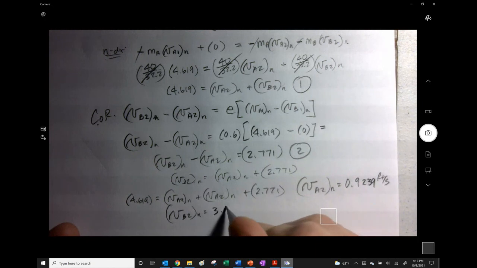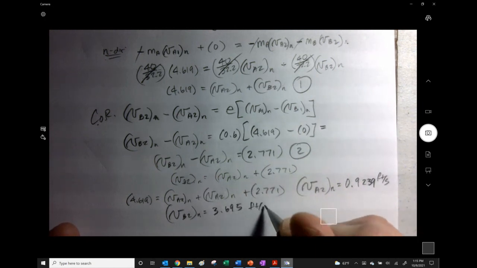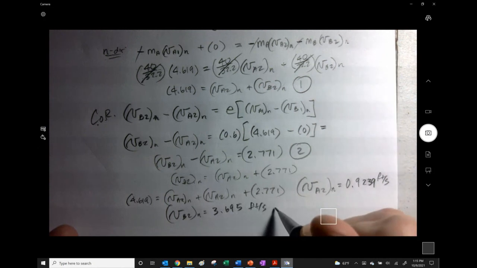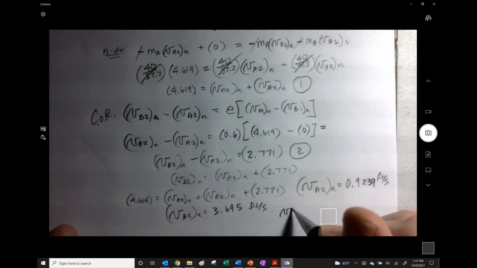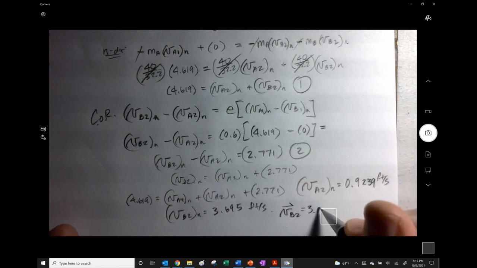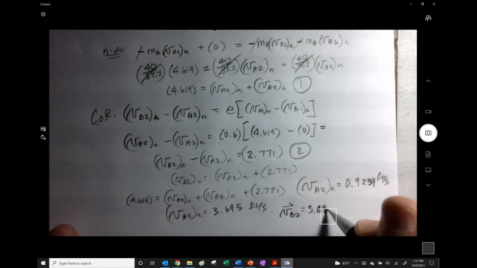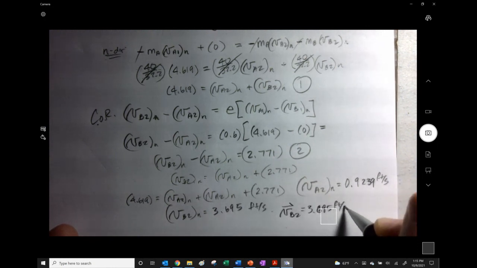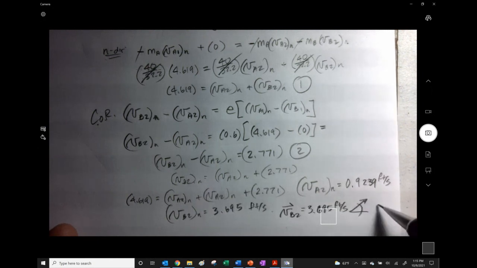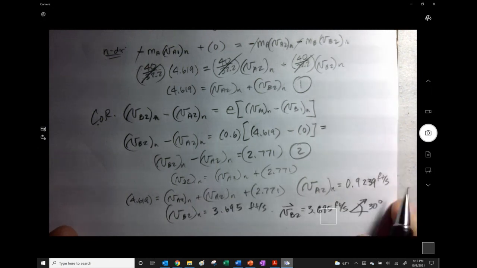So we get it's 3.695 feet per second. And then that's actually the VB2, 3.695 feet per second. And it should be traveling right there at that 30 degrees.